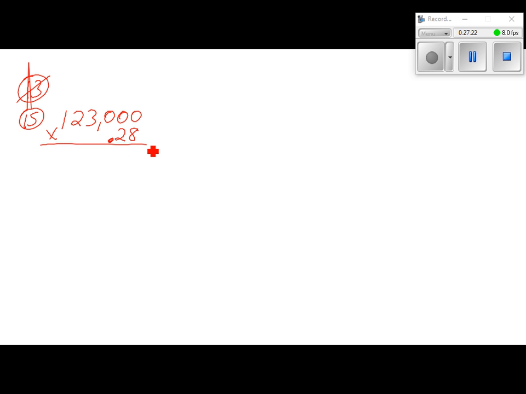Multiply that, and you end up with $34,440. So that's the answer, and that's what they're going to charge him taxes on.